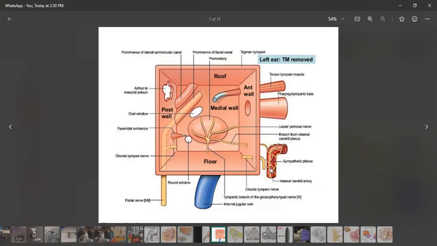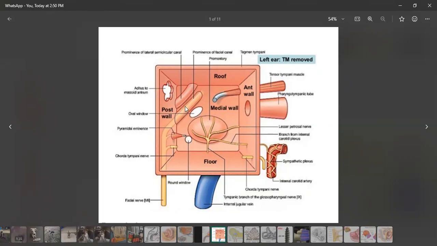So from that internal carotid artery, you have sympathetic branches which join this tympanic plexus. And also you have the lesser petrosal nerve. So these three together will form the tympanic plexus on this promontory of the middle ear.